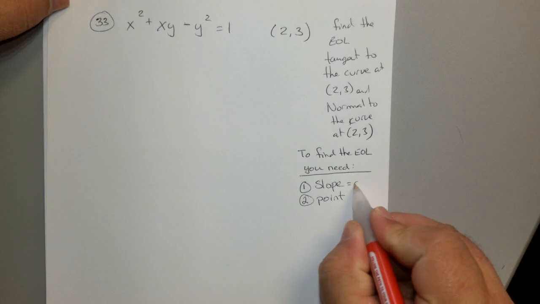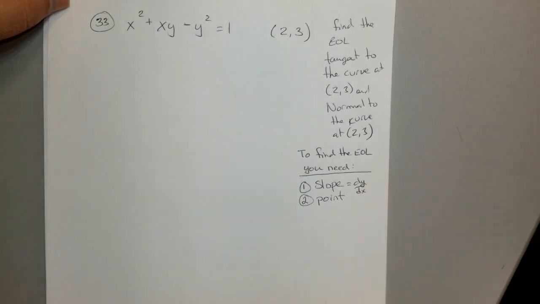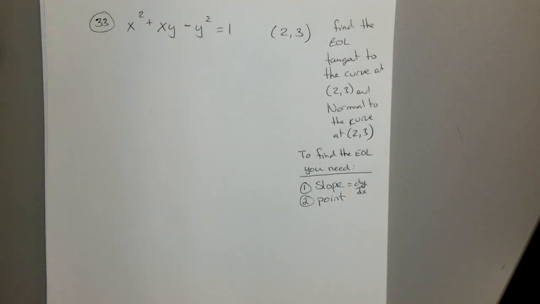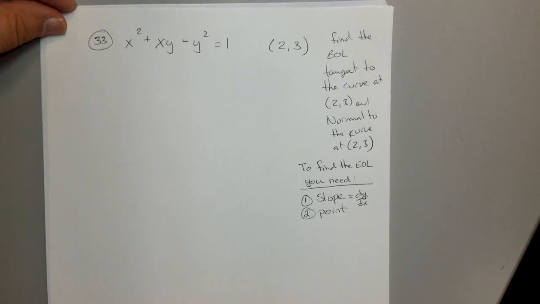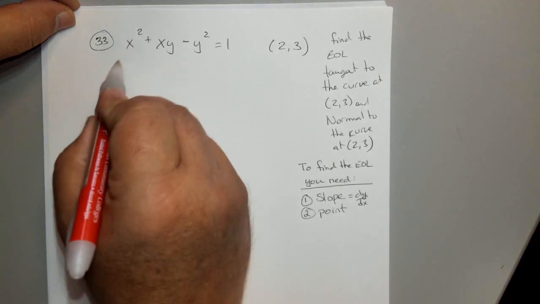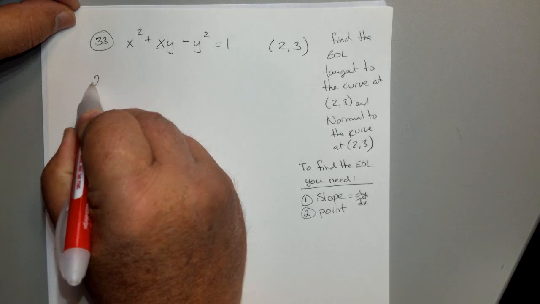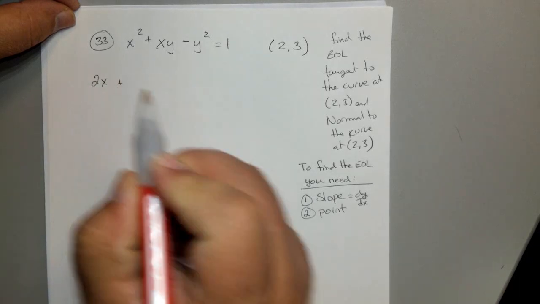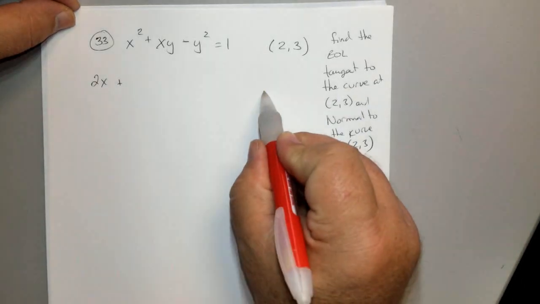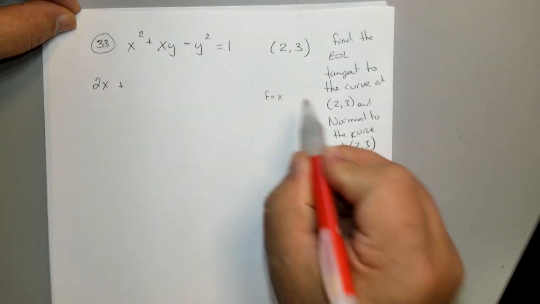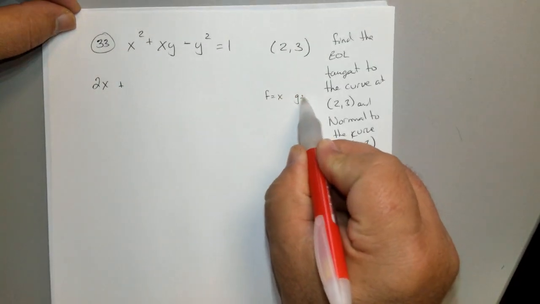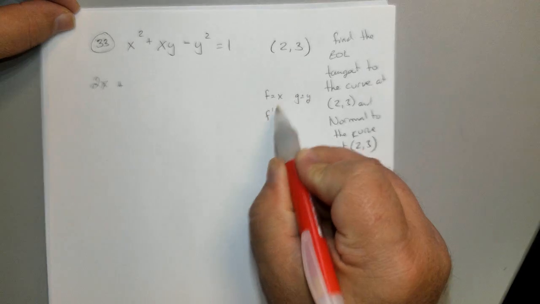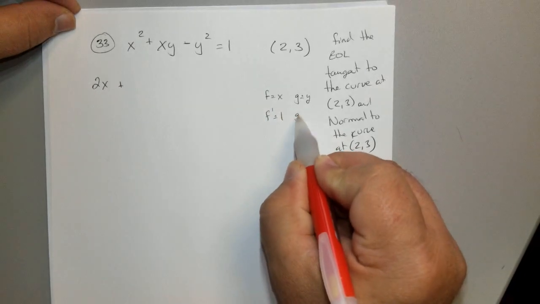The slope is dy/dx. So we have to find the derivative of this function. Derivative of x squared is 2x. It's a product rule. Derivative of x is 1.